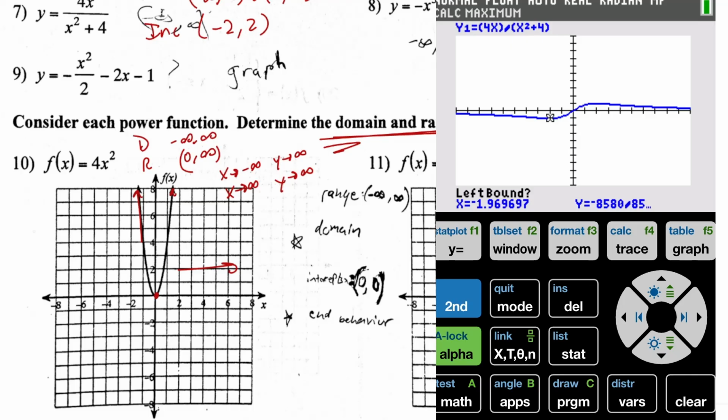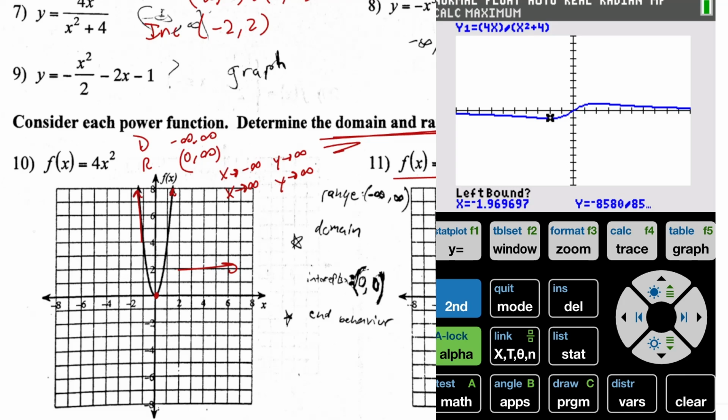Let's see, this one, domain and range, again, domain is all reals. Range is also all reals. X-intercept 0, 0. Y-intercept 0, 0. Sometimes you'd say the x-intercept occurs at x equals 0, y-intercept at y equals 0.